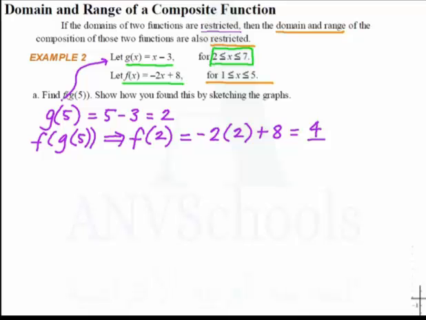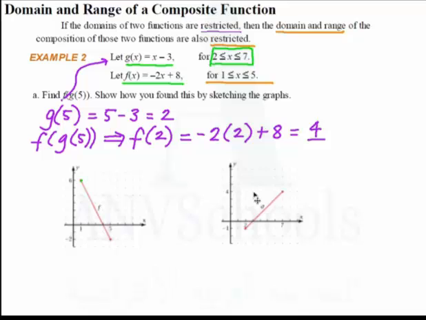Now let us get our graphs for f of x and g of x, which you can find in these illustrations. And I'm going to make this clearer by making a graphical interpretation of our g of x and f of x.